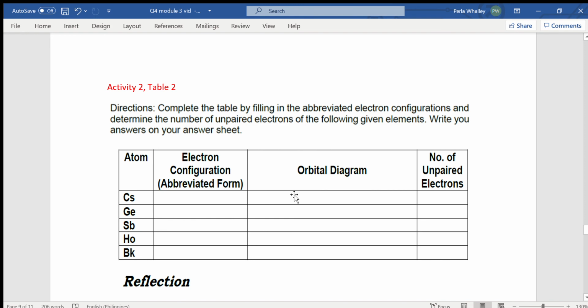You can use the box or just the underlined orbital diagram. It's up to you. Okay, so the atoms here, the atomic number or the number of electrons is not provided. So just use your periodic table to get the atomic number or the total number of electrons.